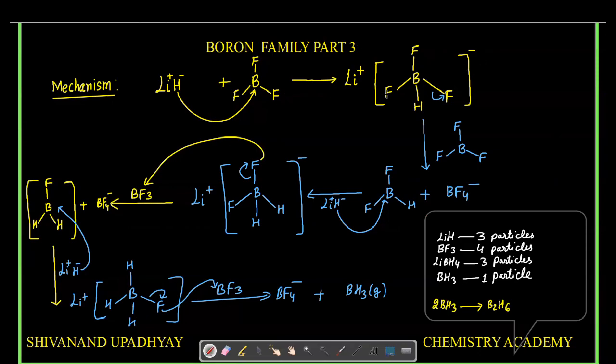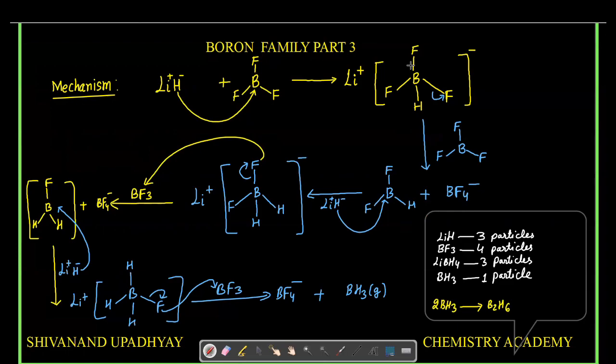Now another BF3 molecule will come, and since it is electron deficient, there is a breaking of bond and a removal of this nucleophile F minus right here, and there is again formation of BF4 minus. After that, this lithium will combine with BF4 minus to form LiBF4.